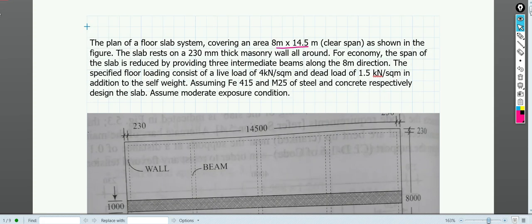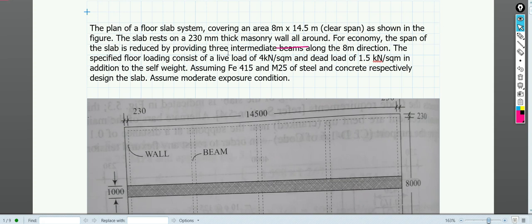Okay, and the slab rests on a 230 thick masonry wall. So here this is the wall and this is the wall. This slab supports at the end with the masonry walls of 230 thick. And for economy, the span of the slab is reduced by providing three intermediate beams along the 8 meter direction.